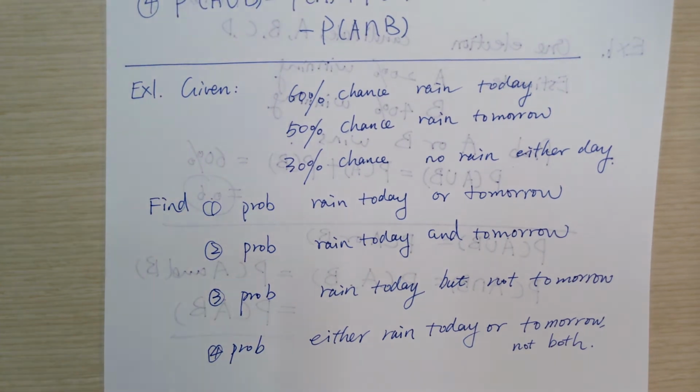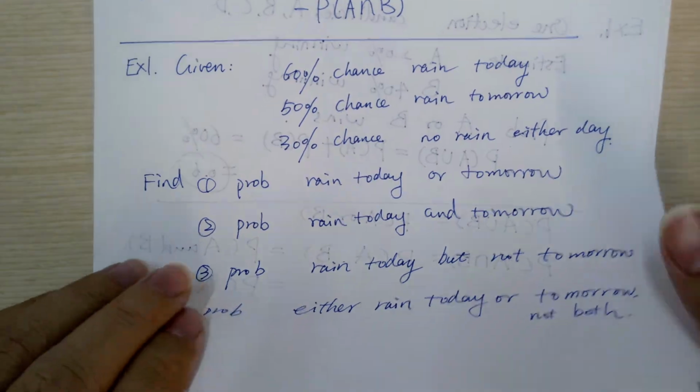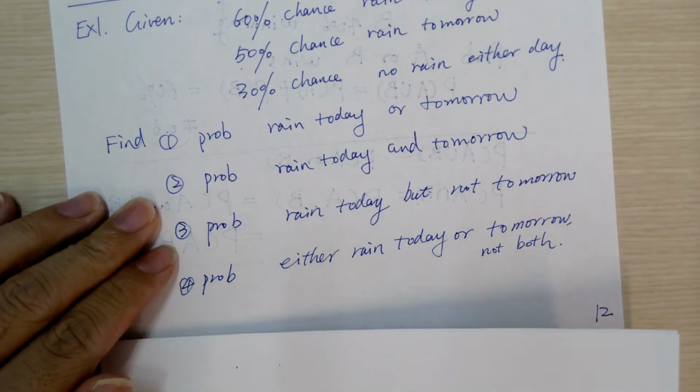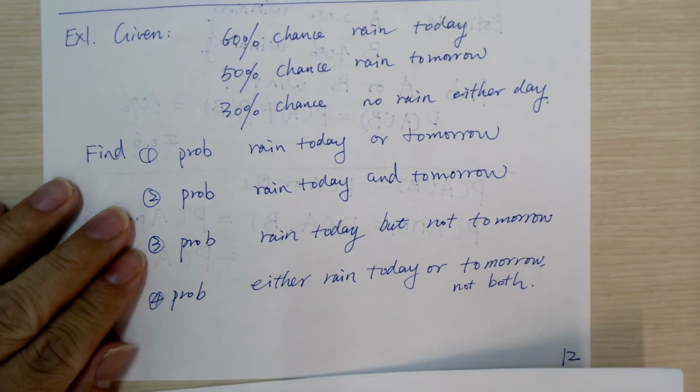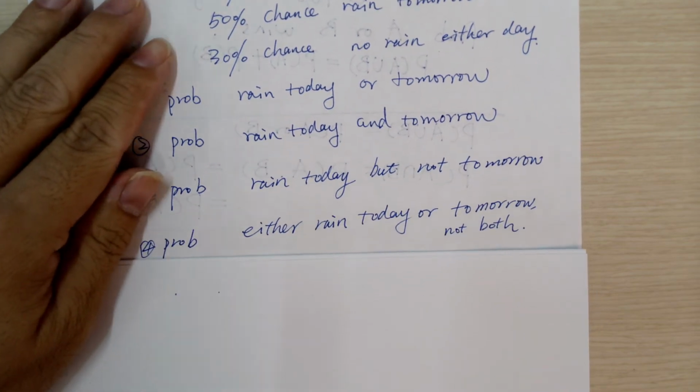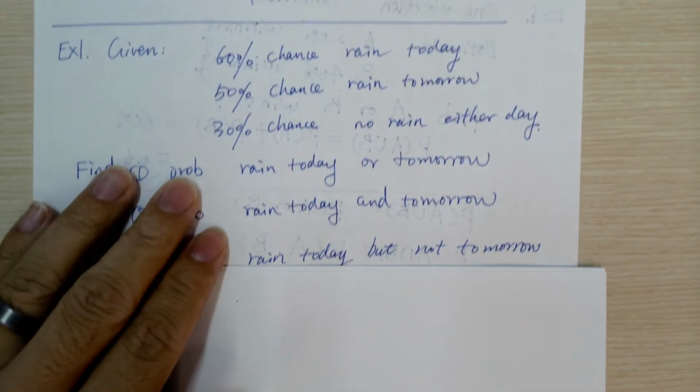So let's take a look. Again, 60% chance of rain today, 50% rain tomorrow, 30% no rain either day. So those are the questions. How do we handle this? To solve this type of problem, I want to define the events first.